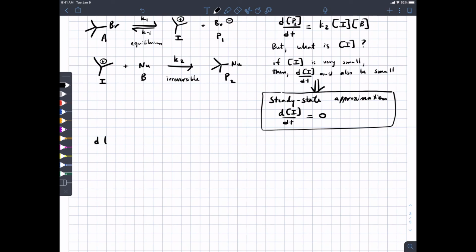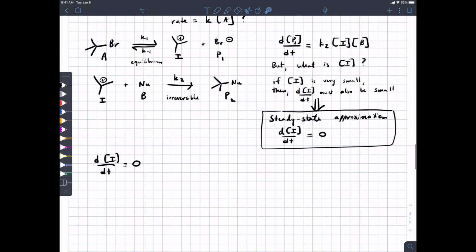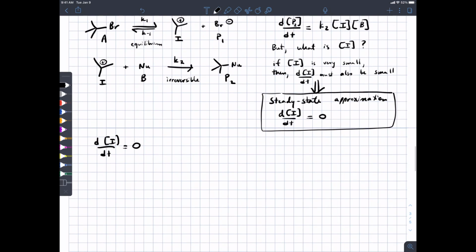If that concentration is constant and the change in that concentration is therefore equal to 0, then all of the ways that we make I or get rid of I must all total to 0. So let's think about all the ways we can make I. We can make it from A, and the rate of appearance of I from A would be K1 times the concentration of A, right?